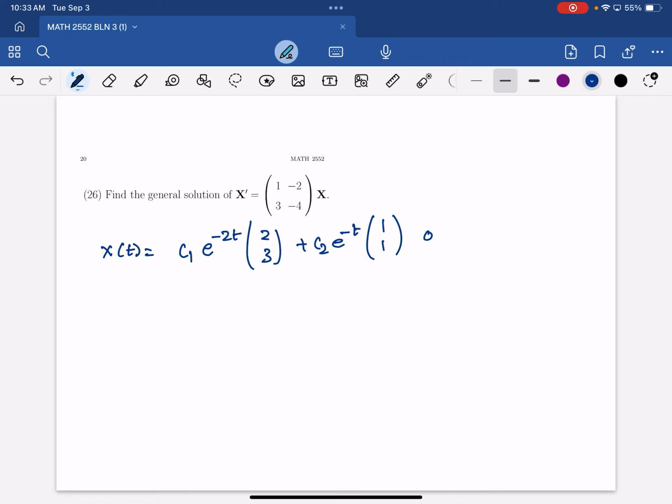Or you can switch up c1 and c2 as well: c1 e to the negative t times 1 and 1 plus c2 e to the negative 2t times 2 and 3. It doesn't matter which way you write it. Both mean the same. All that I care is c1 and c2 are two arbitrary constants. That's all. Make sense? Okay?